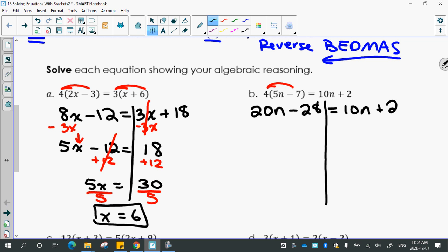Now you want to get your terms with the variable, this time it's n, on the same side of the wall by adding or subtracting. So I see if I subtract 10n on both sides, I'm going to have a positive number in front of my variable, which is always nice to have. And I create a 0 pair to do that.